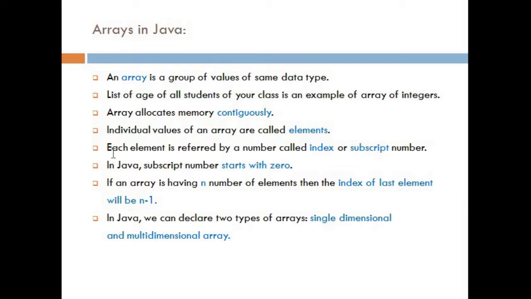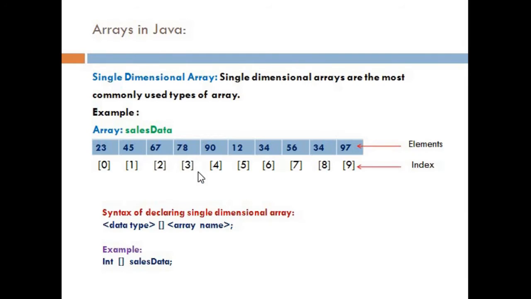Now see the fifth point. It says each element is referred by a number called index or the subscript number. In Java, the subscript number starts with 0. Now if you look at this array called sales data, each element inside this array starting from 23, 45, 67 till 97, they are referred by a number below.